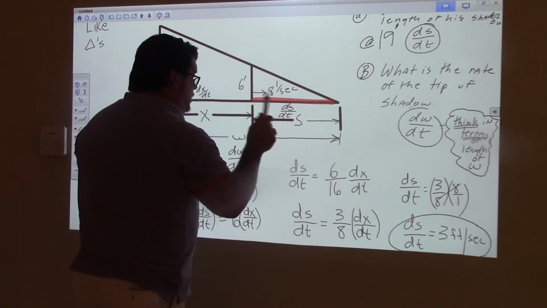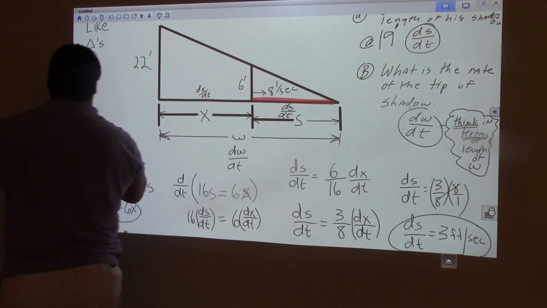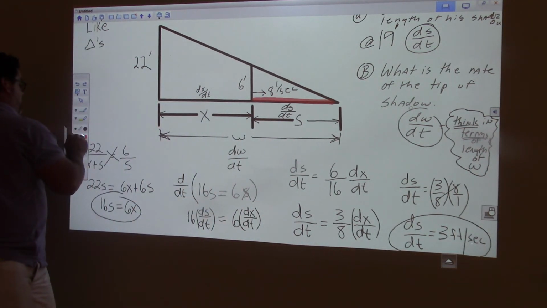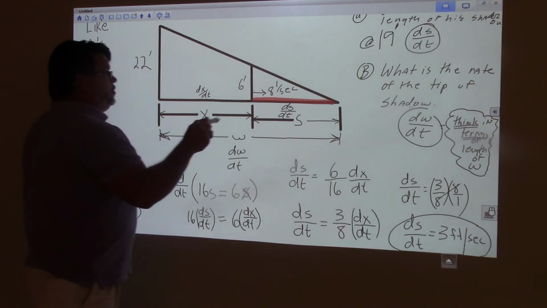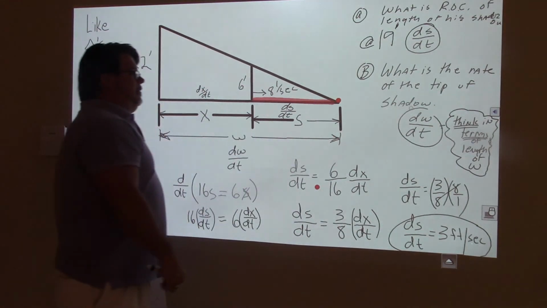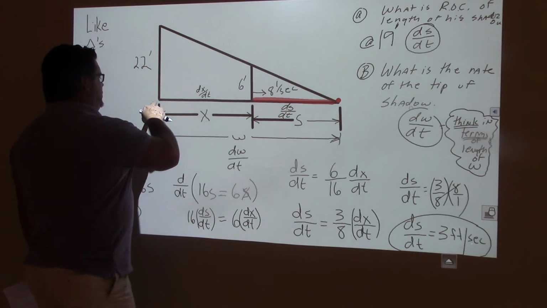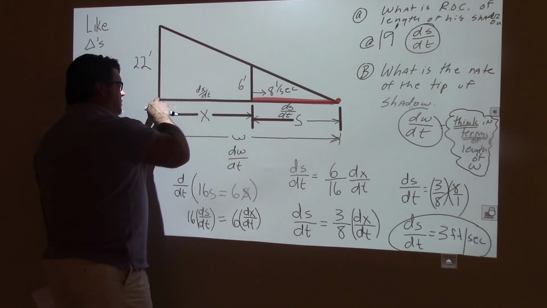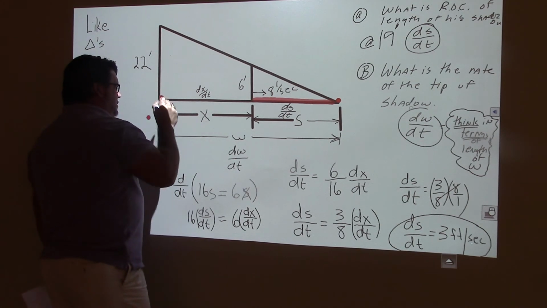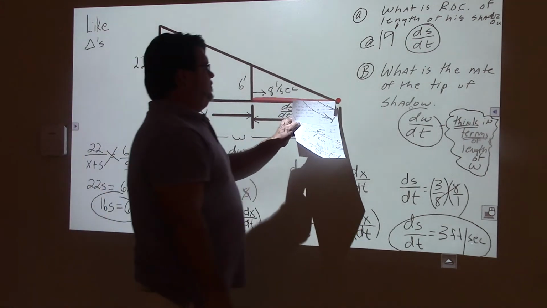Now, what is the second one? What is the rate of the what? So I'm going to take my handy dandy marker and mark that dot right there. Because that dot is technically measuring from the light to the tip of the what?